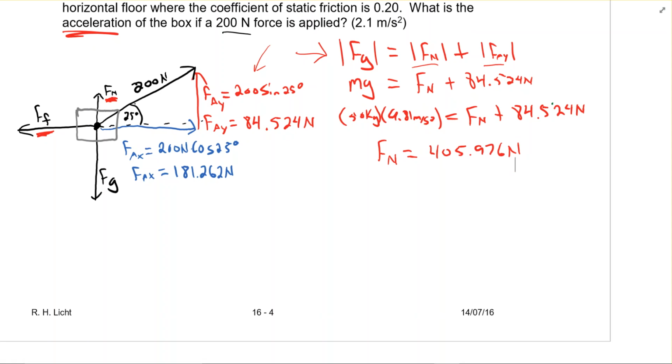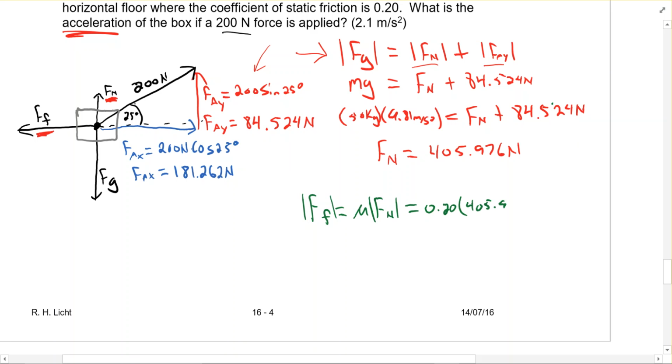Now what we've got to do is figure out what the force of friction is. The force of friction, it should be a capital F, is going to be equal to mu, and these are absolutes, mu times Fn, which is equal to 0.2, our coefficient of friction, times 405.976 newtons.